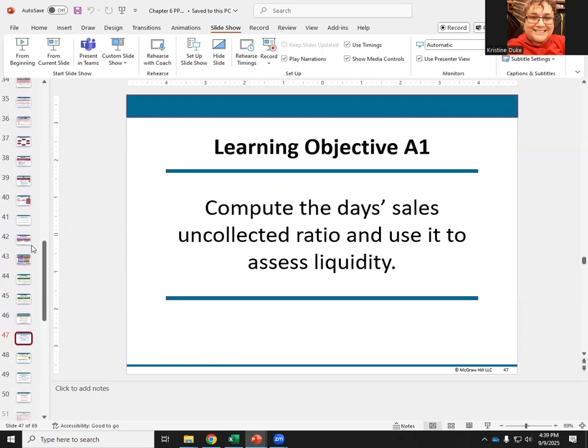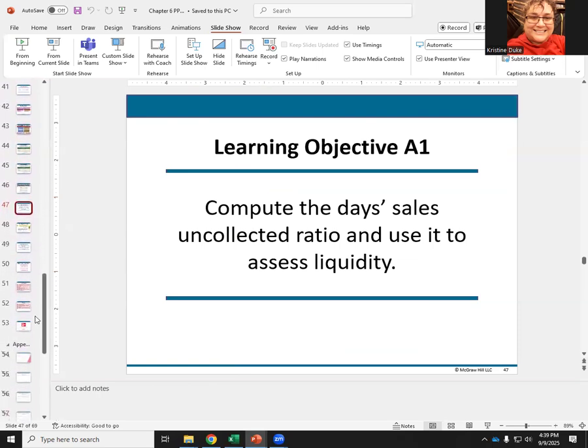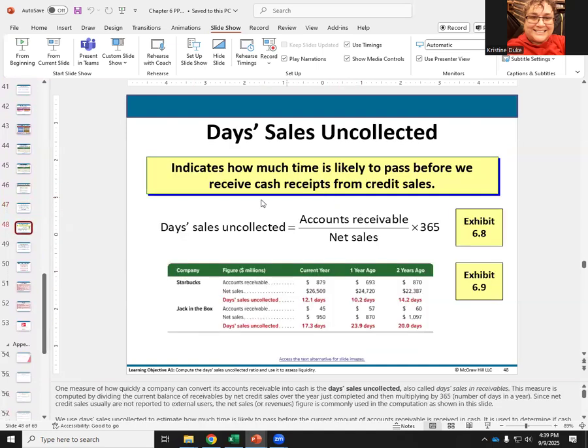Okay, now we're going to do days sales in accounts receivable. You take your accounts receivable divided by your net sales and then multiply by 365. So this is how I've been taught.